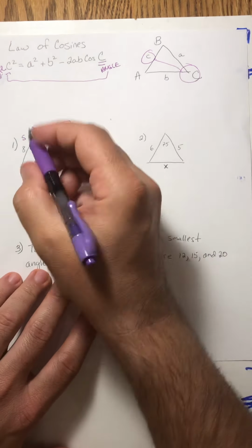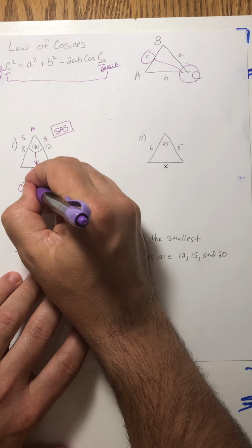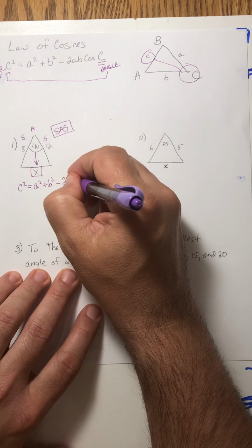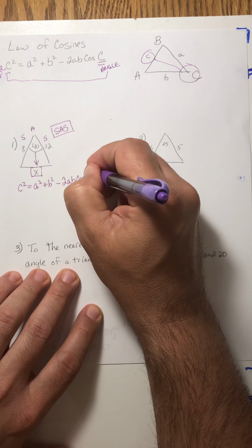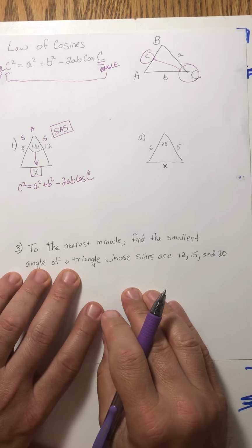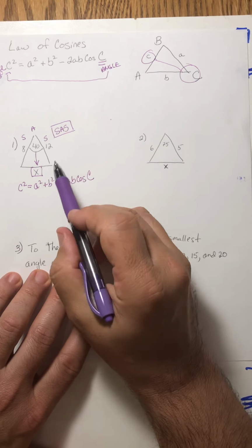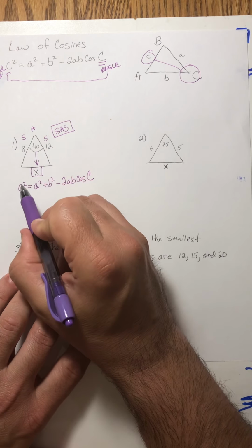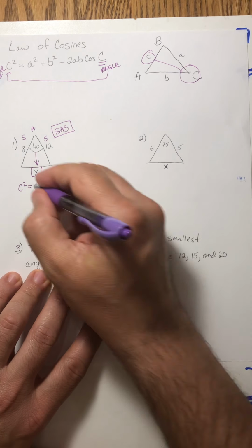So I'm going to write down the formula once. C squared is equal to A squared plus B squared minus 2AB cosine C. And then notice in the formula, this is the side across from the angle. Side, angle.